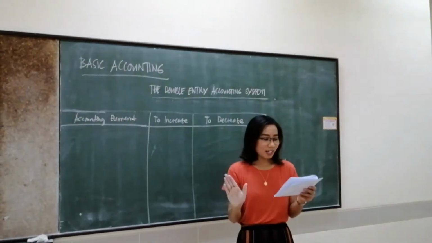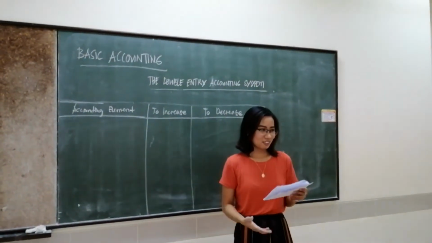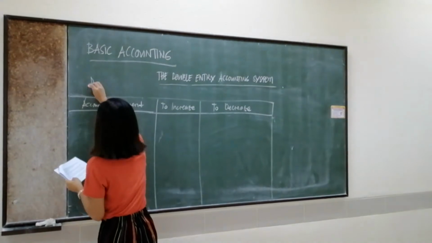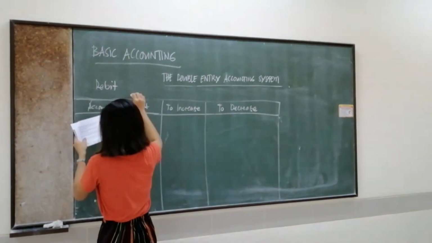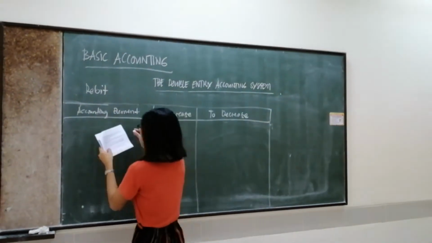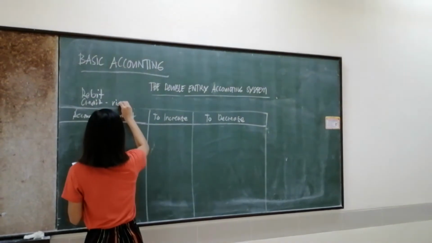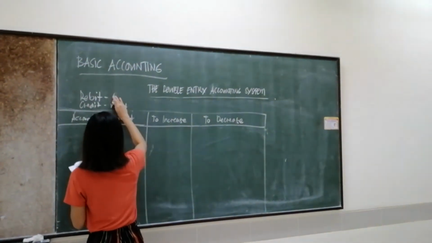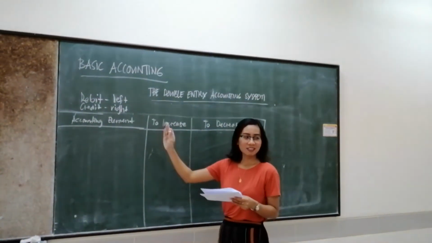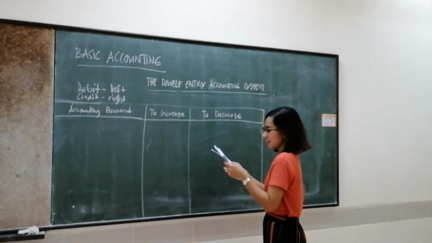So note, all accounts have a debit and a credit side. Debit means left, and credit means right. Do you get me? So debit is on the left side and credit is on the right side.